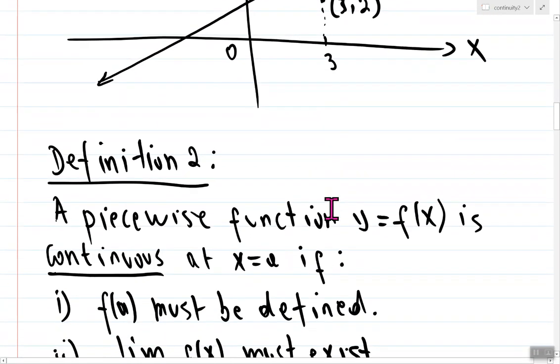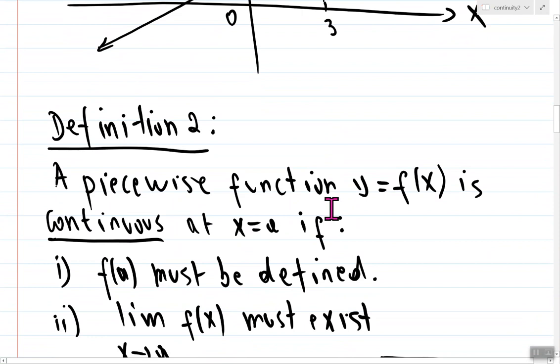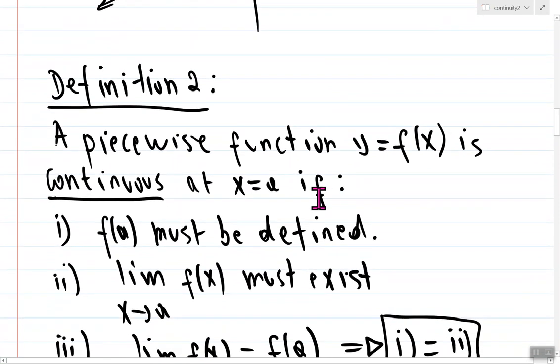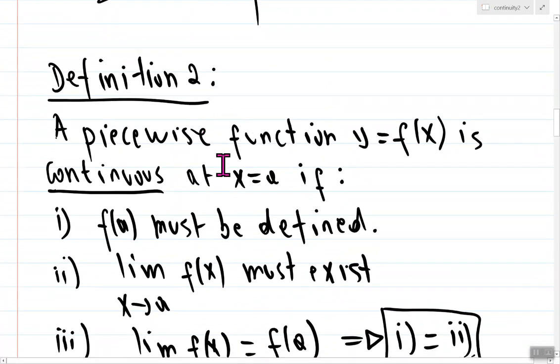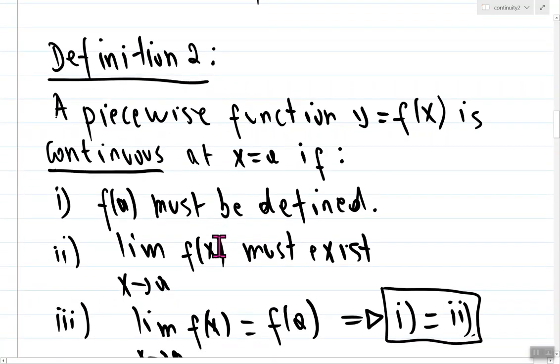We call this a piecewise function. Anytime you're dealing with a piecewise function, to know whether the function is continuous at a given point or not, use the second definition. The second definition of a function being continuous is about piecewise functions.